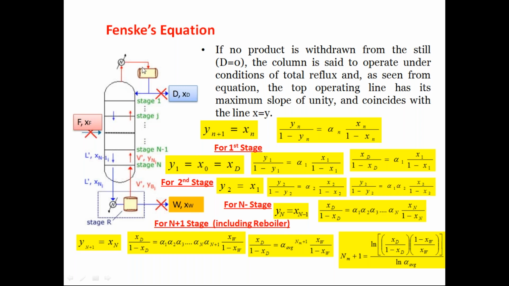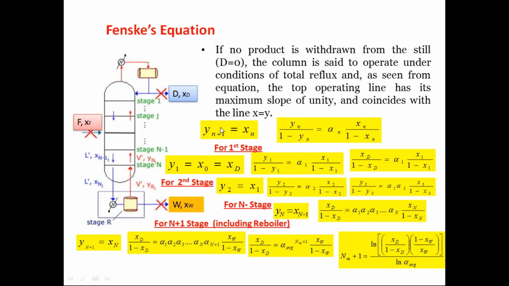Because under total reflux conditions, whatever vapor is entering the condenser, the whole vapor gets condensed and then sent back. So if this is stage 1, the vapor leaving the stage will have y1, and the liquid entering the stage will have x0. Then this is the relation: y1 is equal to x0, which is equal to xd. So this equation will result over this tray.